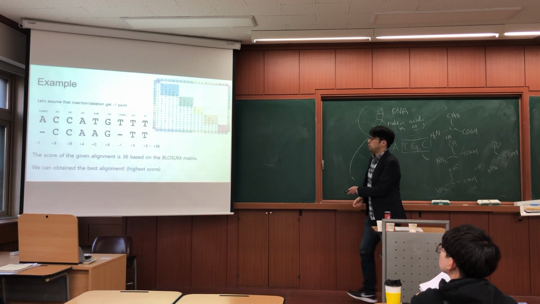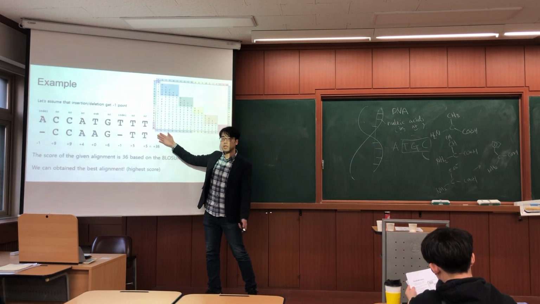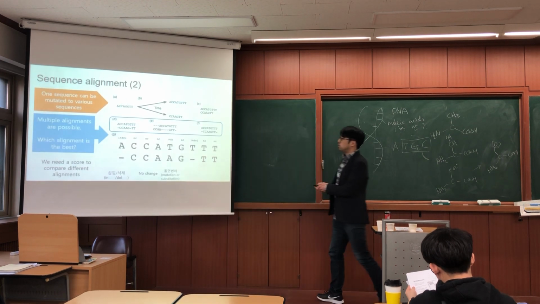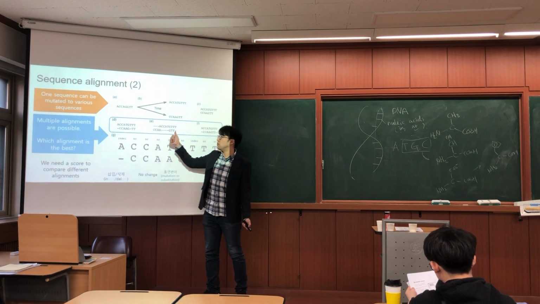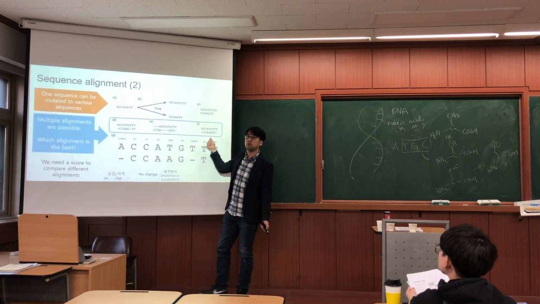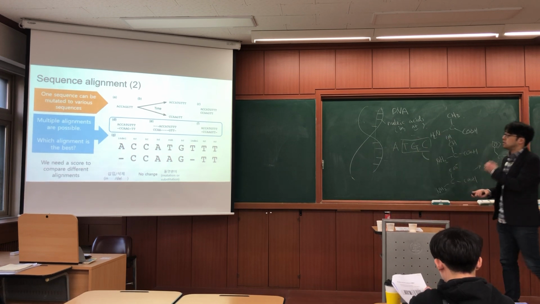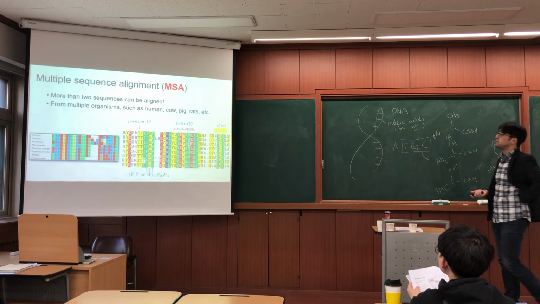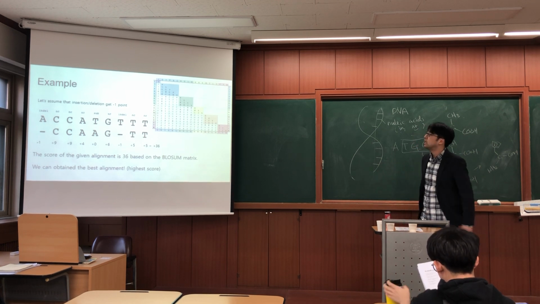By doing this, we can sum all these numbers, then we can score each alignment. By using this matrix, we can score this one, and we can also score this one, and this one. And from those scores, we can pick the best alignment. Right? That's the concept of sequence alignment.